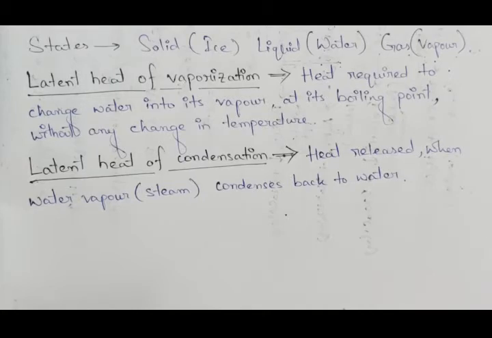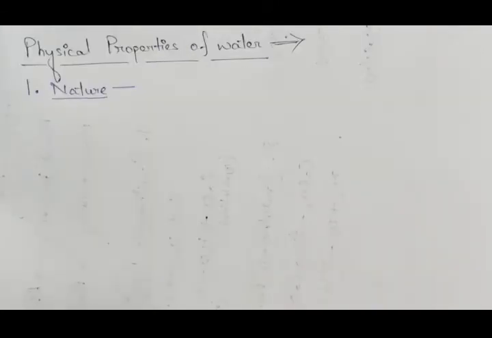Now we will discuss the physical properties of water. Among the physical properties, the first thing we need to know is the nature of water. That means how pure water looks, what its taste is, how it smells. All those properties are included in the nature.